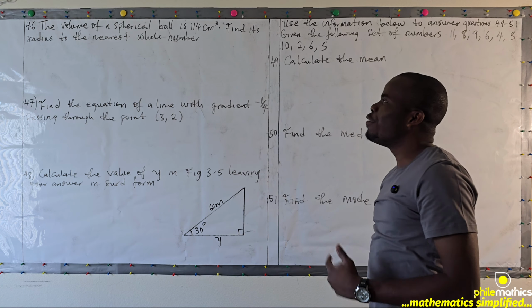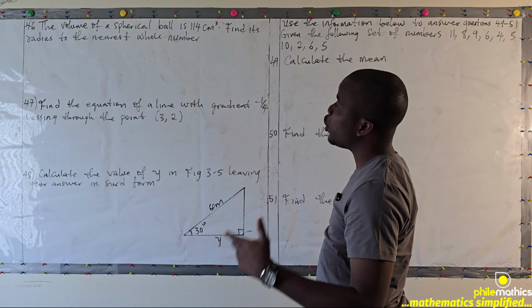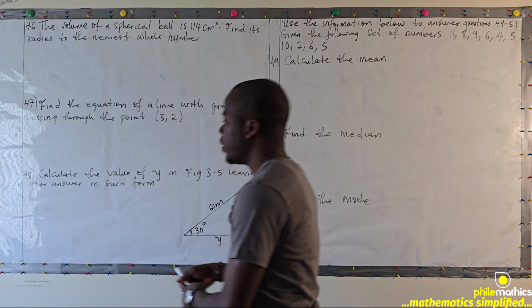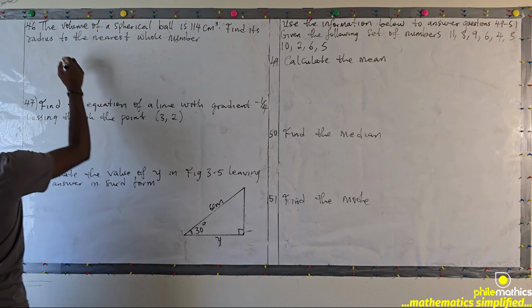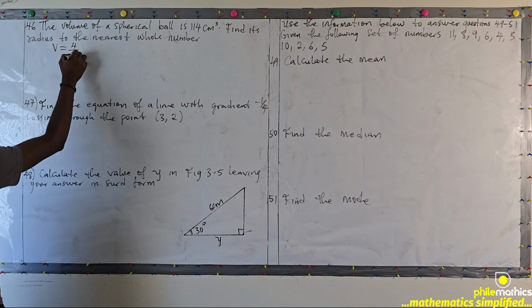46 says the volume of a spherical ball is 114 centimeter cube. Find its radius to the nearest whole number. You recall that the volume of a sphere is 4 over 3 pi r cube.